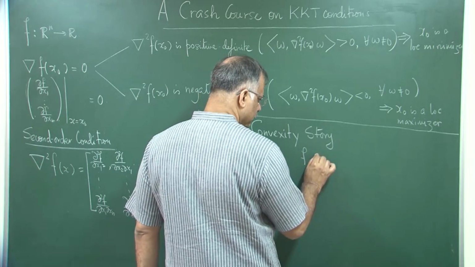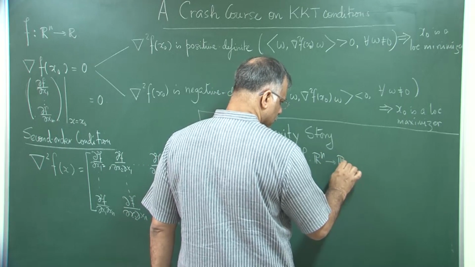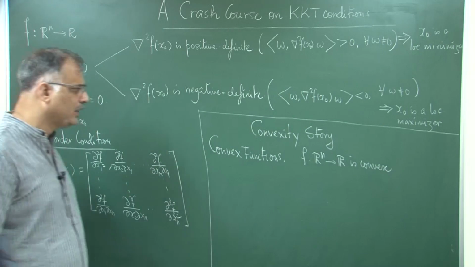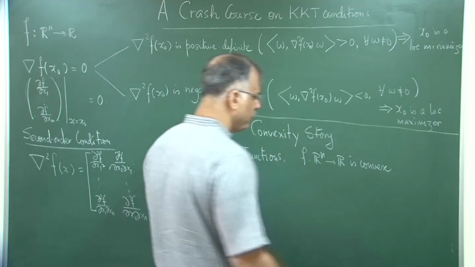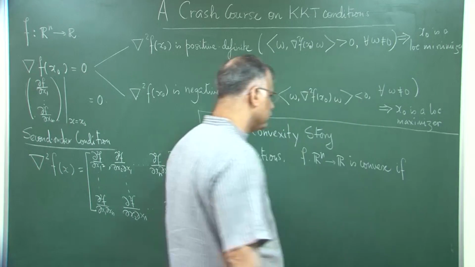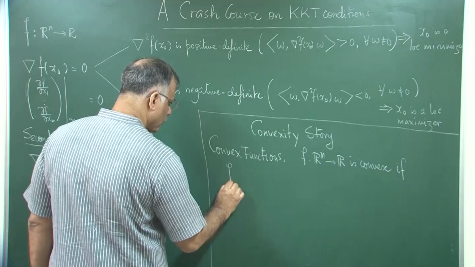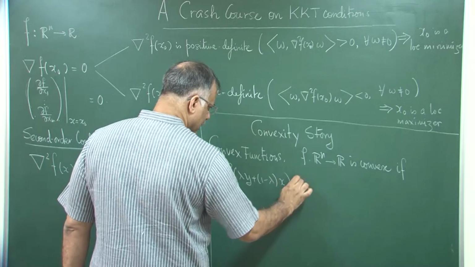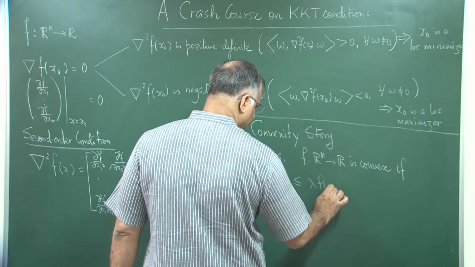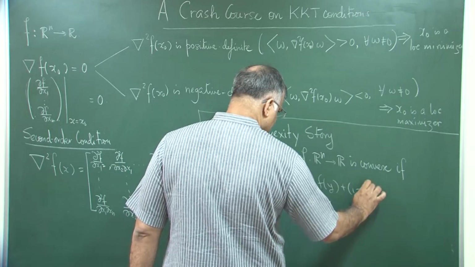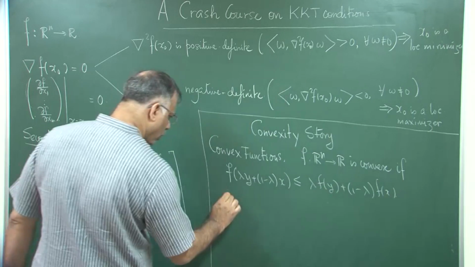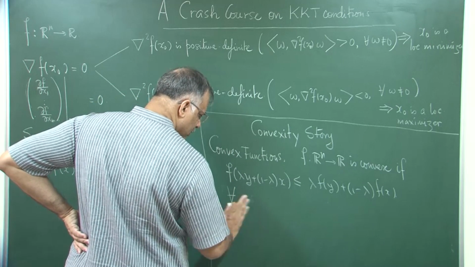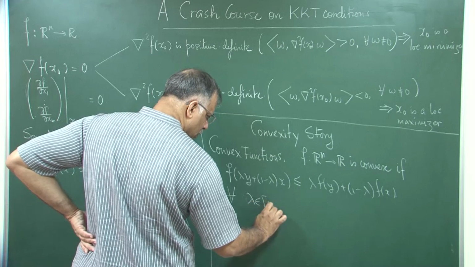Convex functions are functions of this form. f from Rn to R is convex if f of lambda y plus 1 minus lambda x is less than or equal to lambda f y plus 1 minus lambda f x for all, this is the symbol of for all, the inverted A, for all lambda lying in the closed interval 0, 1.